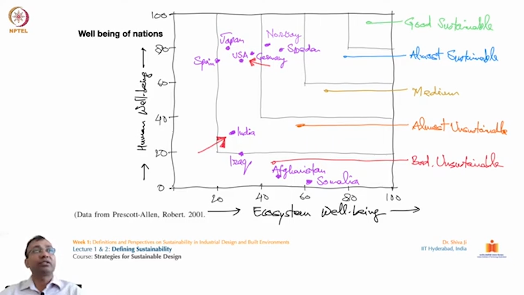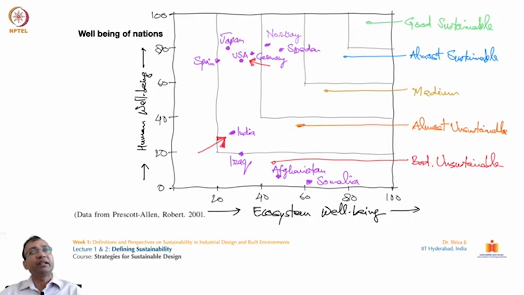So Japan, Norway, Sweden, Germany, USA, and Spain are actually qualifying as a group for having better life situations, better conditions for survival in their own countries. On the economic well-being factor, Sweden is doing better in that group, but Japan and Spain are not doing so well.